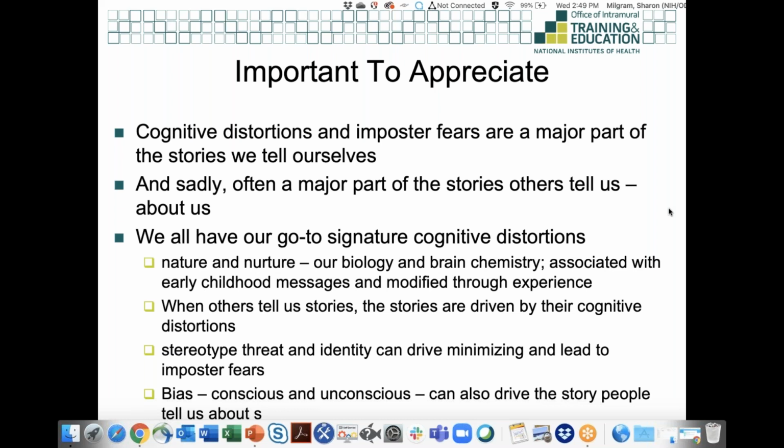And then your advisor, all they can do is focus on that question you didn't answer well. That's because your advisor is caught in all or nothing thinking. So we tell ourselves a story, but then others tell us stories as well. Our stories are driven by our cognitive distortions. Their stories are driven by their cognitive distortions.